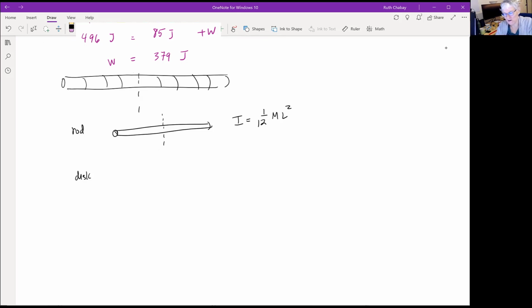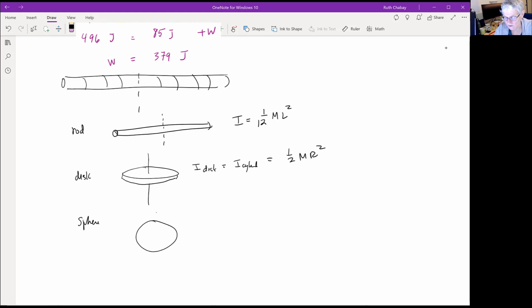These are not things you want to memorize. Don't clutter up your brain with stuff like this. The moment of inertia of a disk or a cylinder is a half mr squared. A sphere rotating around an axis through its center is 2/5 mr squared.